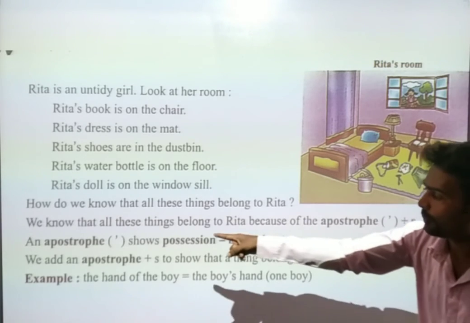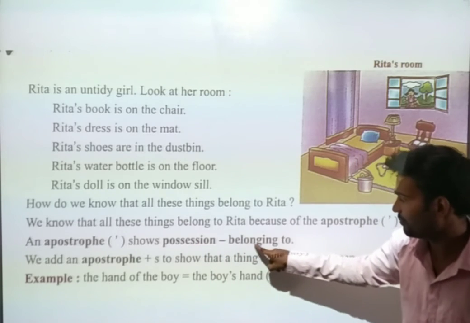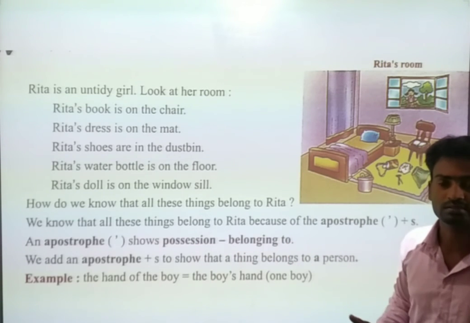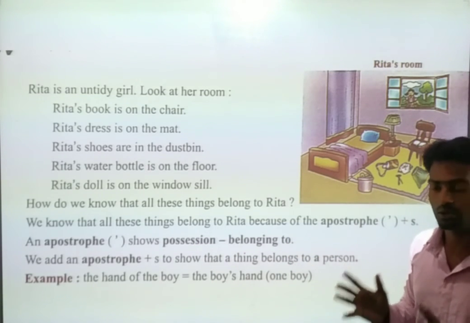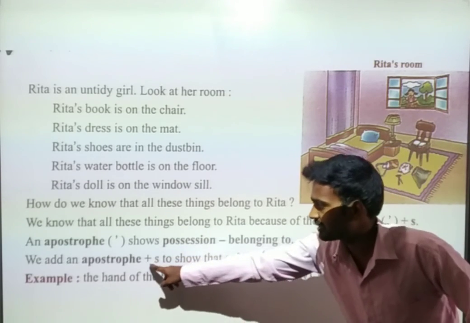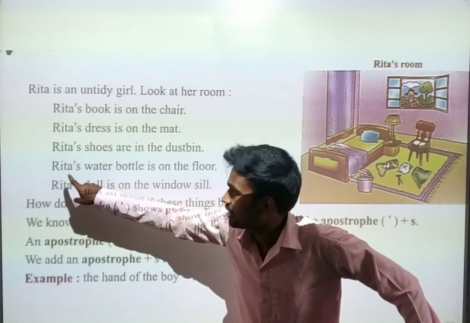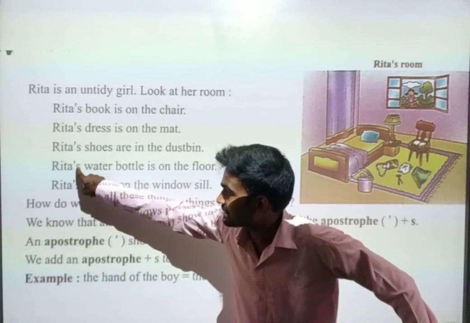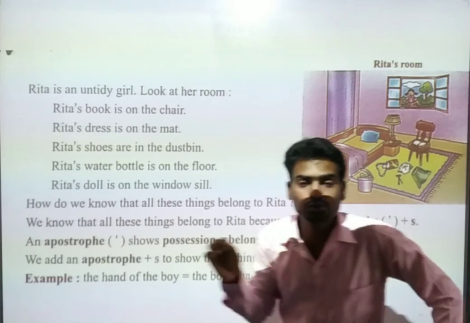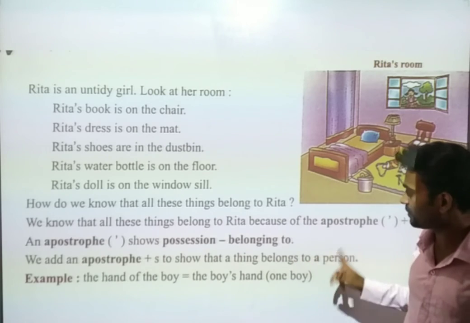The apostrophe shows who the owner is. Rita is the owner, so we add apostrophe plus s to show that things belong to the person.